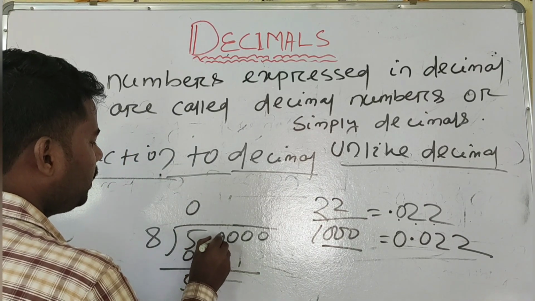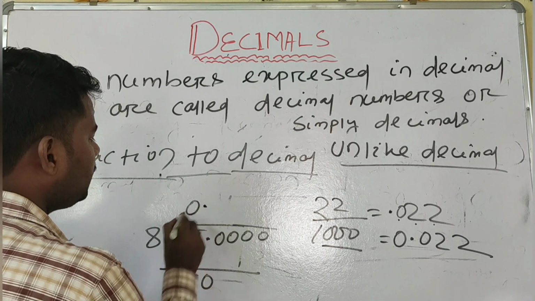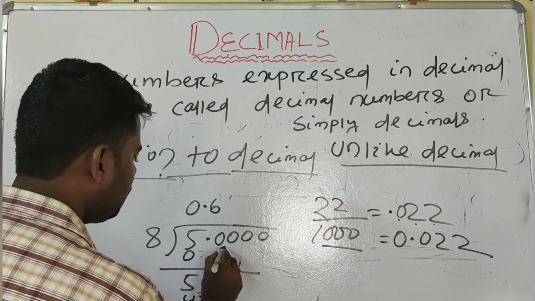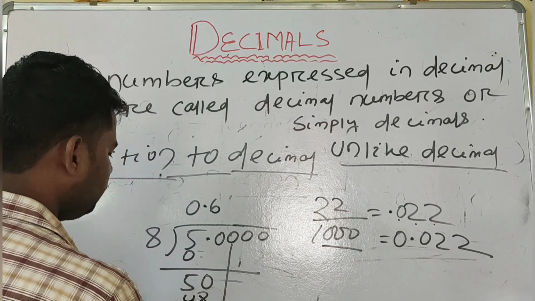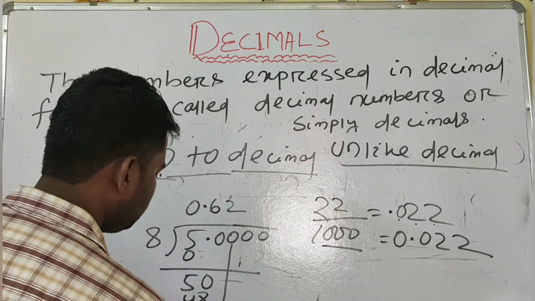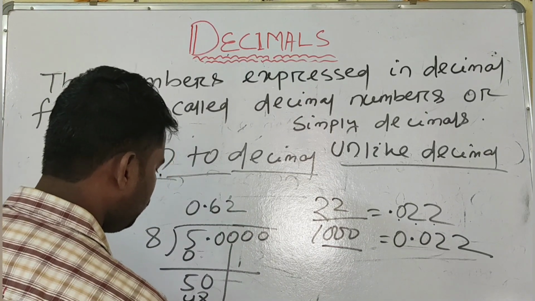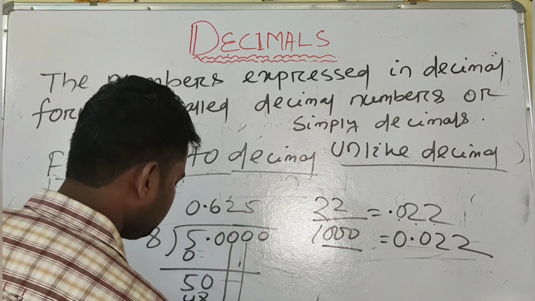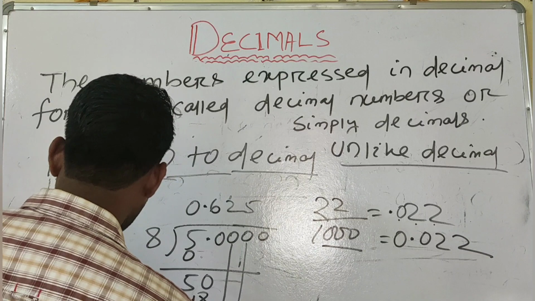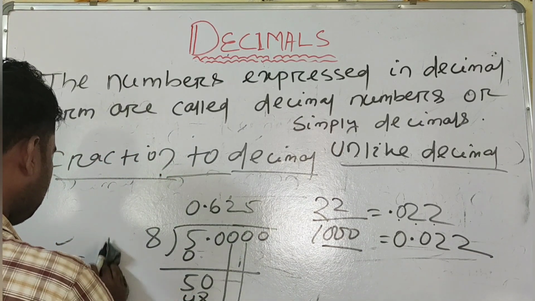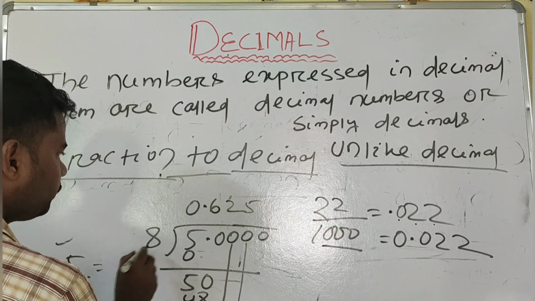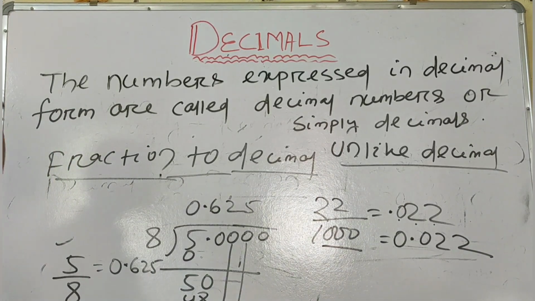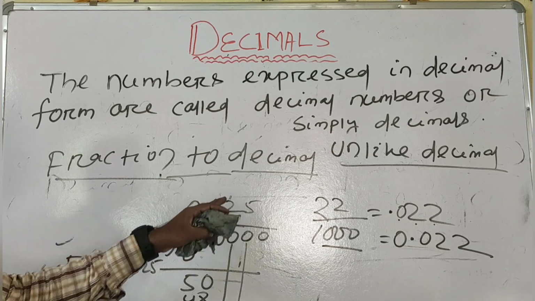Here we put the decimal point. 8 times 6 is 48, remainder 2, bring down another 0 to make 20. 8 times 2 is 16, remainder 4, bring down another 0 to make 40. 8 times 5 is 40. Okay. So directly we can write this is equal to 0.625. By the division process we can convert fraction to decimal.